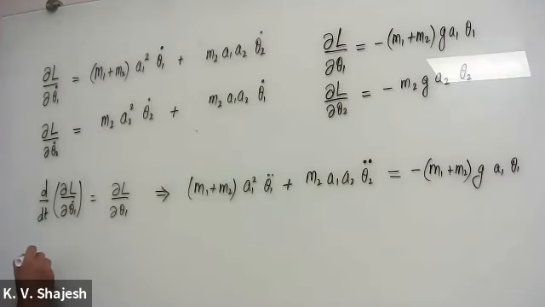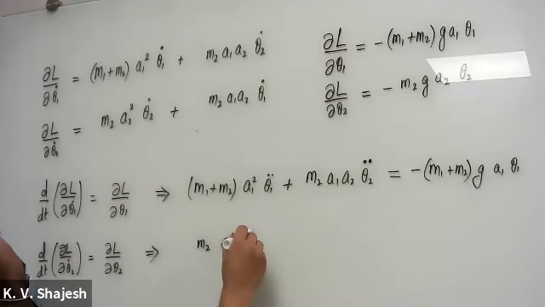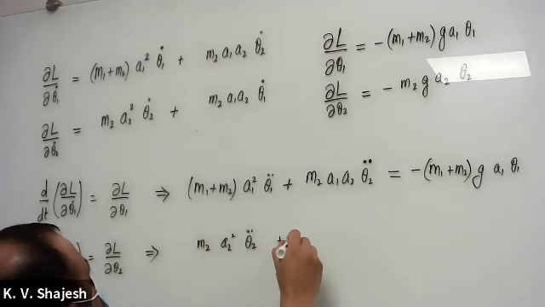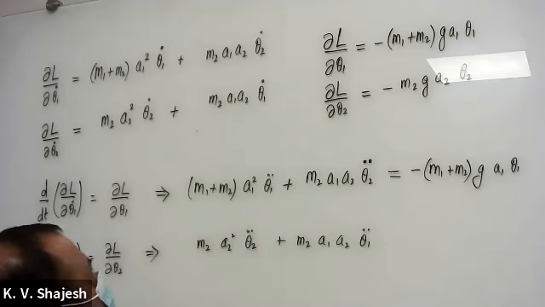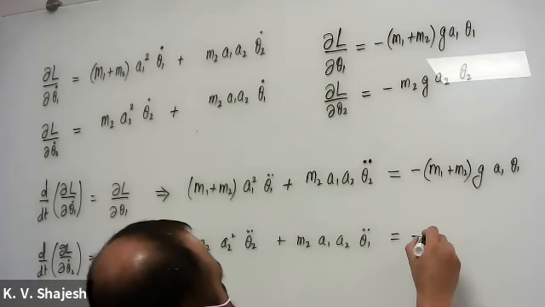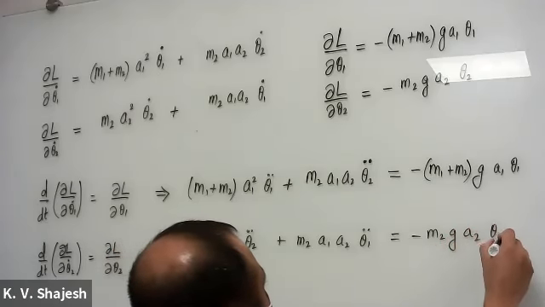The same thing for the second dynamical variable. And what we have is then you do the same thing down here: m2 a2 square theta 2 double dot plus m2 a1 a2 theta 1 double dot. That's equal to minus m2 g a2 theta 2.